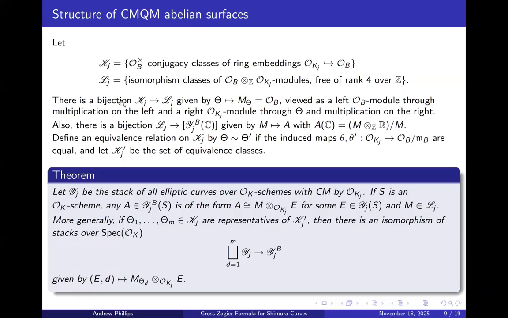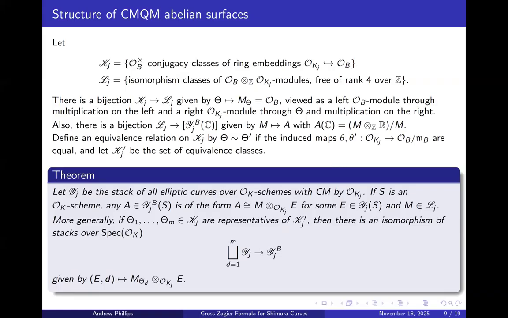If you start with these ring embeddings, I can refine this set a bit further by defining an equivalence relation: I'm going to instead look at maps from OKJ to OB mod that ideal, the unique ideal of index dB squared, and I'm going to say that two ring embeddings are equivalent if they induce the same map on this quotient.